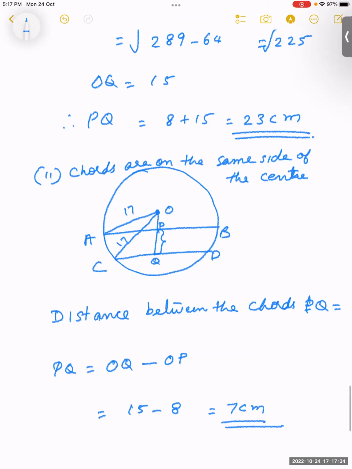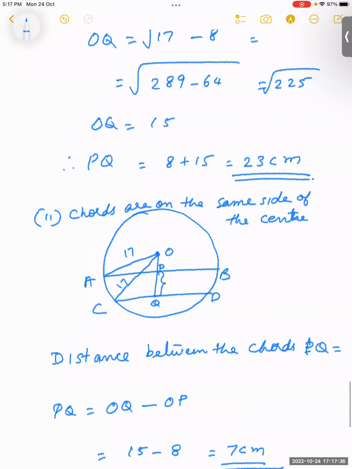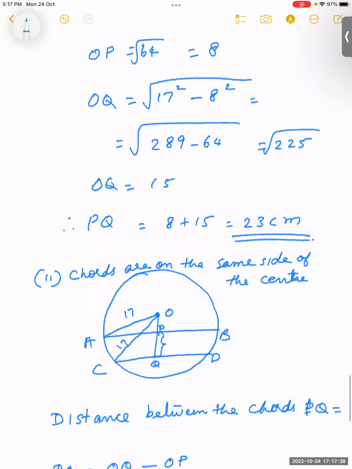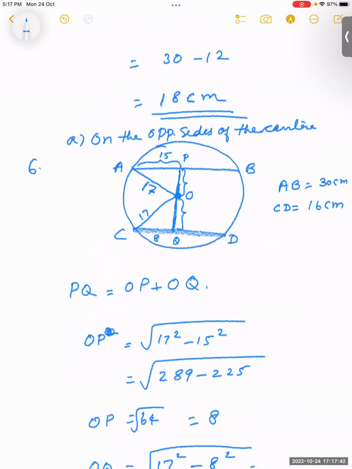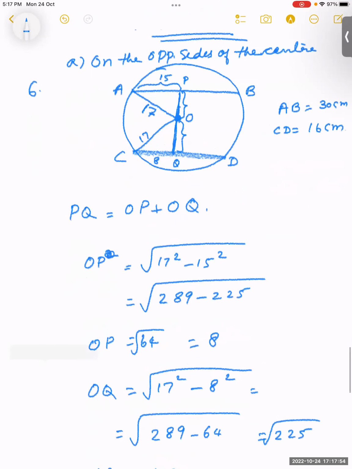What is CQ? Same thing, no? 8 only will come. Chord lengths are not going to change. Chord length remains the same. Understood? The triangle remains the same. It is not going to change. Just the sides are changed. That's all. The place where the chords are appearing, that is changing.